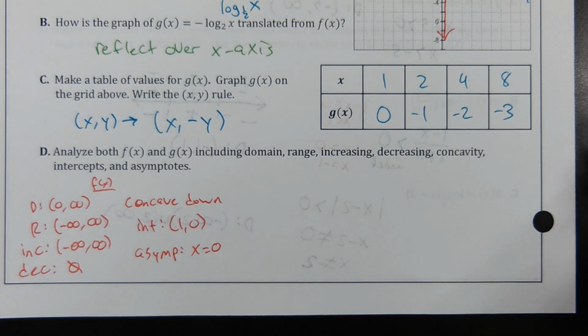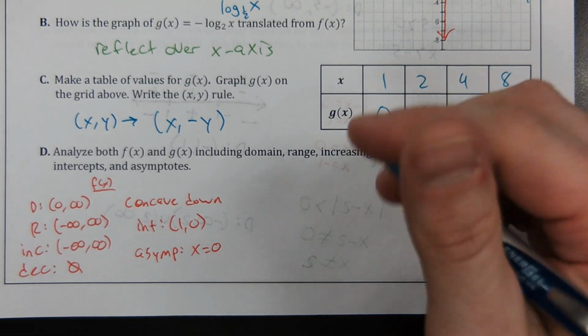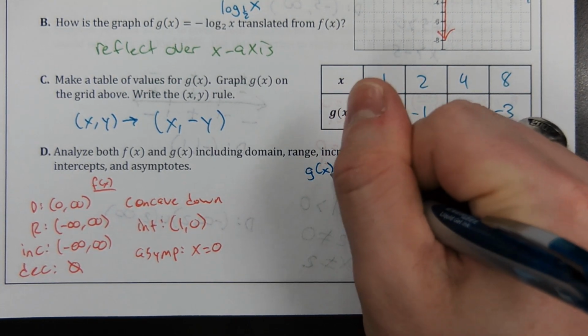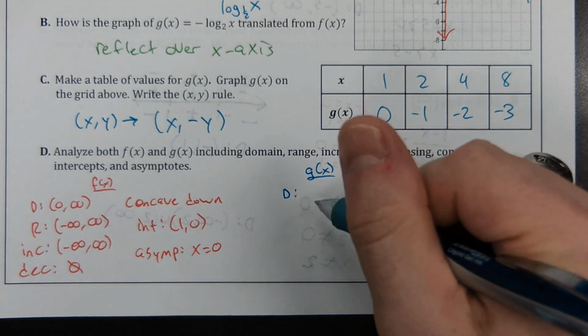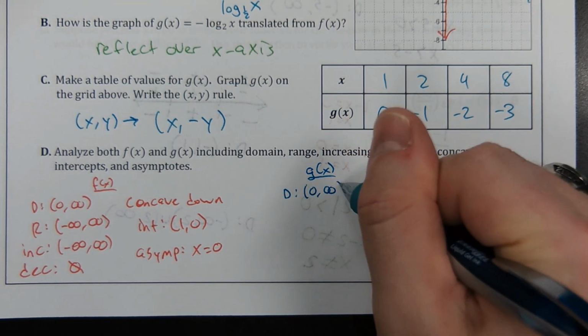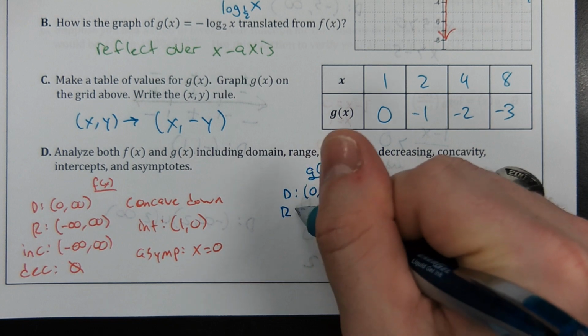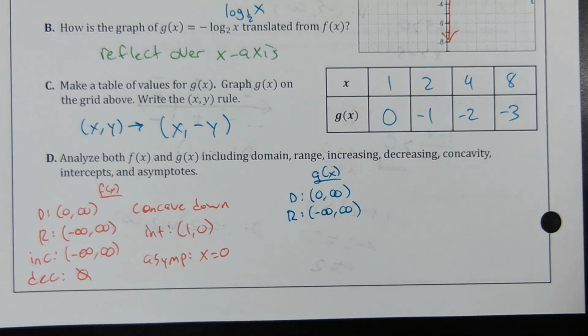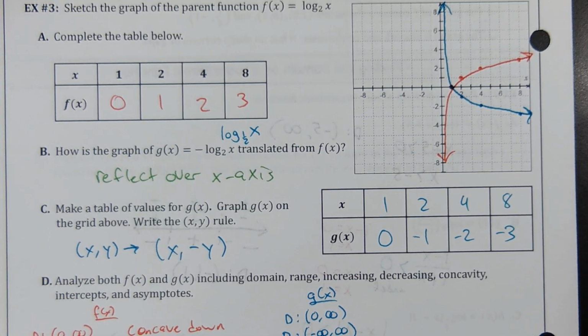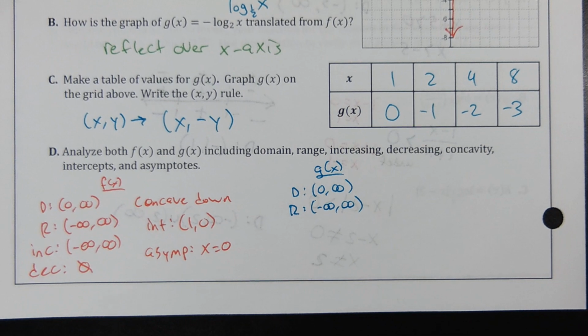Since the blue graph, g of x, is the same graph, just upside down, very little of the information changes. It is the same domain. It is the same range. But the blue graph is not an increasing function. The blue graph is a decreasing function.